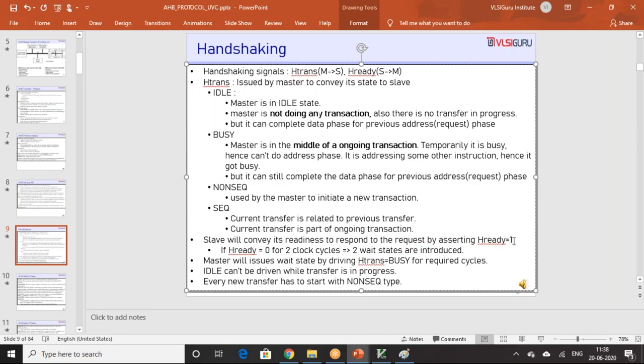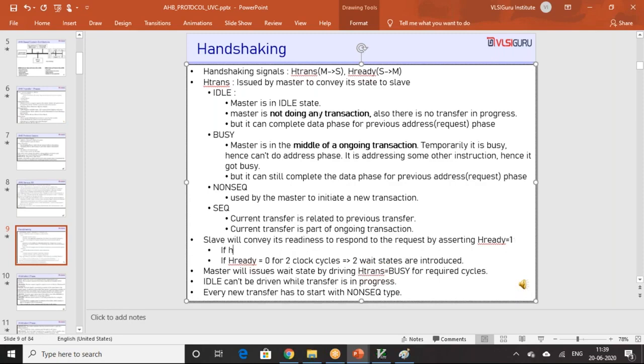If H ready equal to 1, it means it is ready to respond. If H ready is 0, it means the slave is not in a position to respond to the request. If H ready is 0 for 2 clock cycles, it means 2 wait states are introduced. We are waiting for 2 cycles, so that is called 2 wait states.